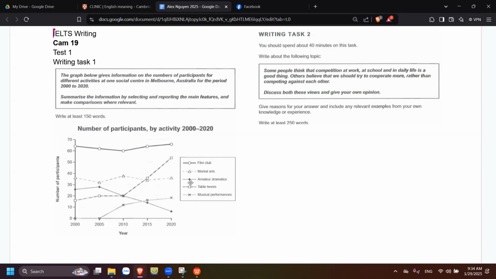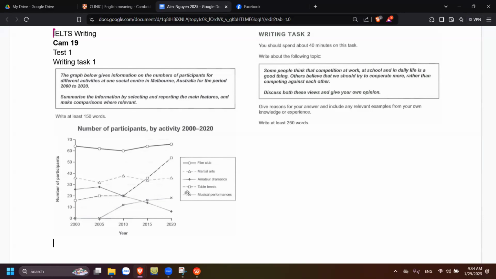The third line here is amateur dramatics. Amateur dramatics means they enact plays, or basically they act in a drama, but of course they are not professional, they're just amateur dramatics.